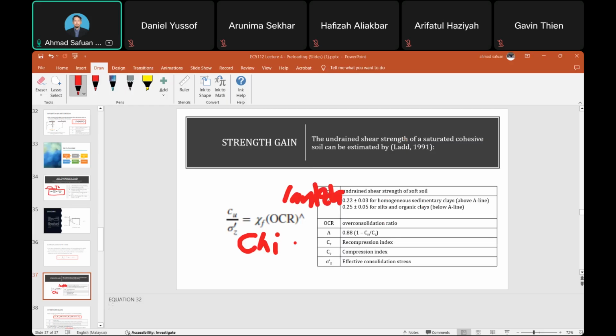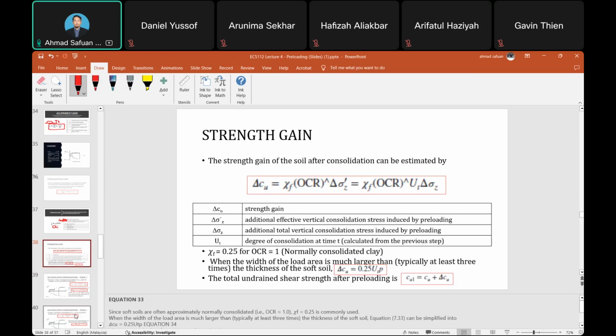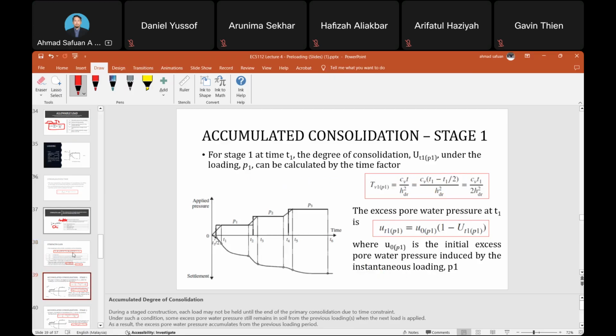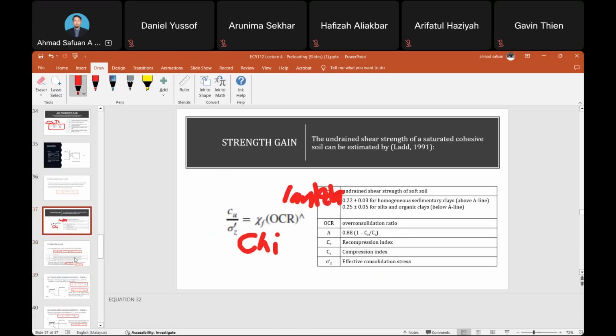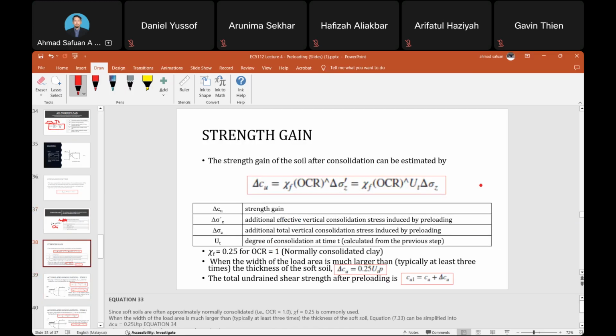So this is the method to calculate the strength gains. The strength gain of the soil after consolidation can be estimated.